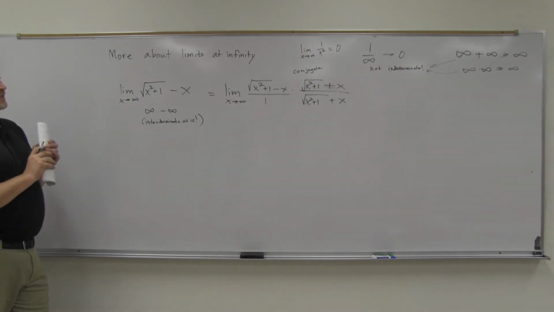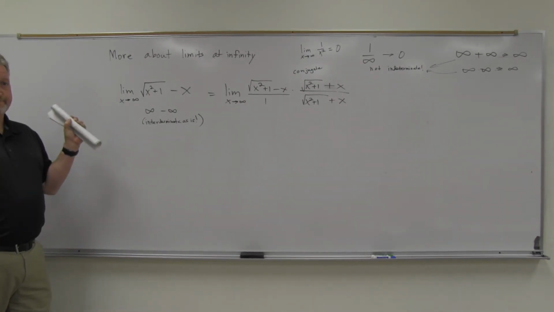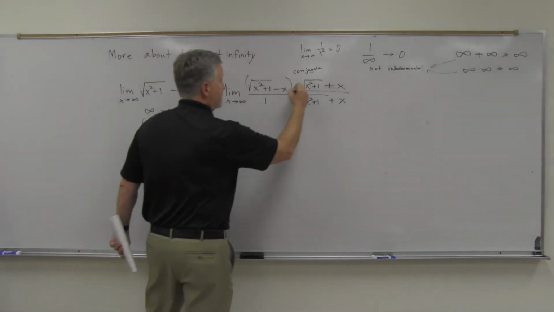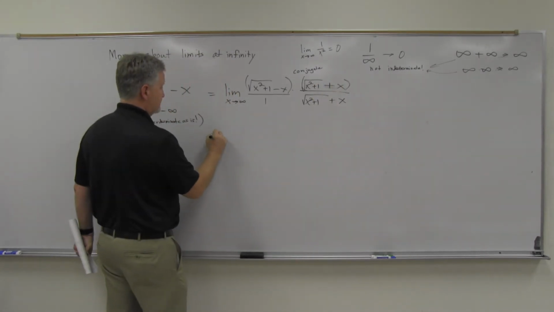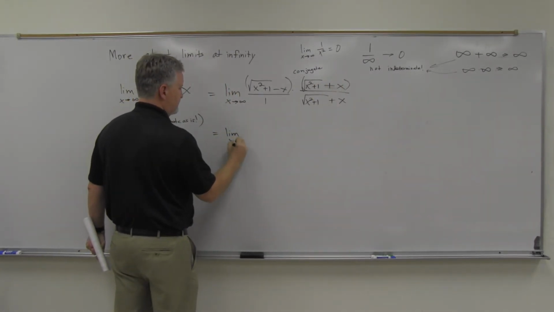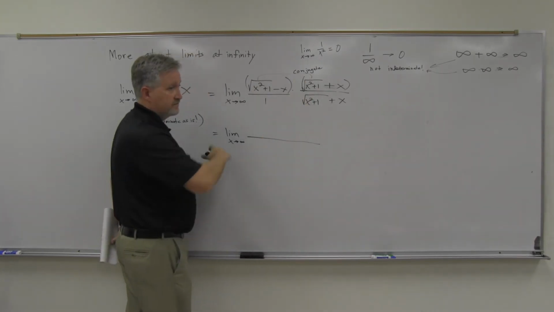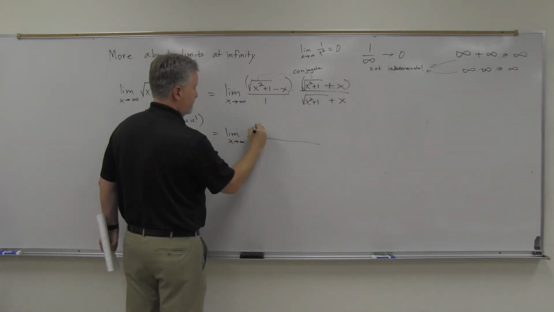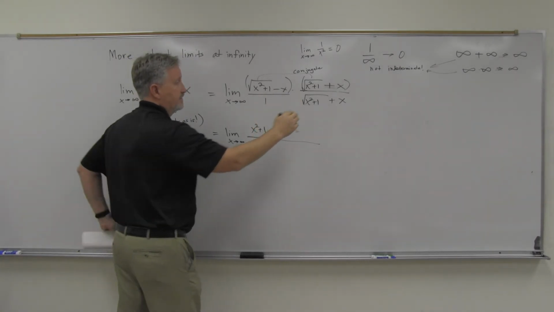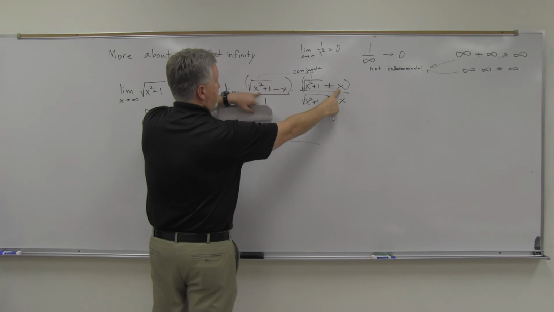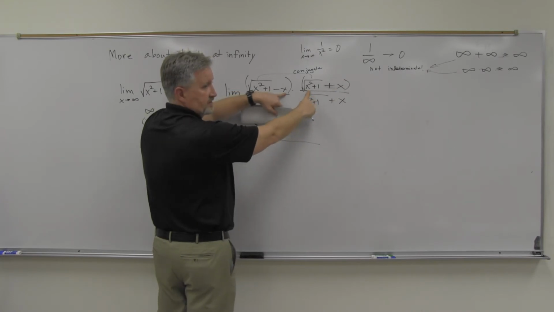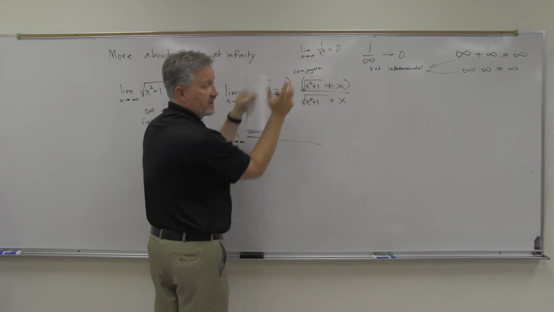Okay. So are you with me so far? Now, when I multiply these conjugates together, remember what happens. You've got the limit as x goes to infinity. So this times this gives me, the square roots cancel, so you get x squared plus 1. The middle terms drop out, because you'll have that plus that, and then that times that gives you minus the same thing. So those cancel out.